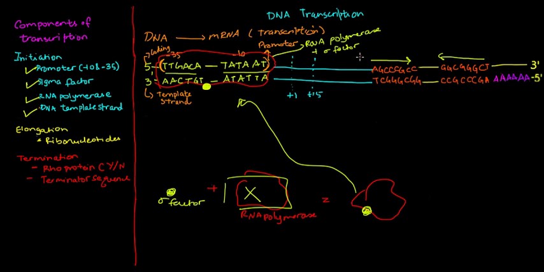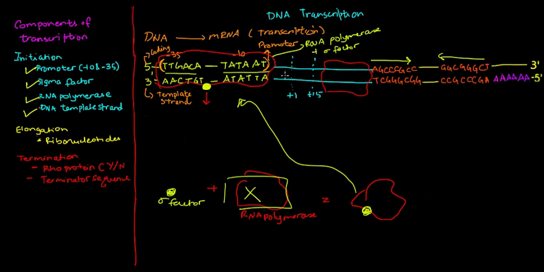So my new RNA polymerase on this side should look something like this, without the sigma factor. If it needs to transcribe beyond 15 nucleotides, this sigma factor should come right off. RNA polymerase should not need the sigma factor after transcribing about 15 nucleotides.